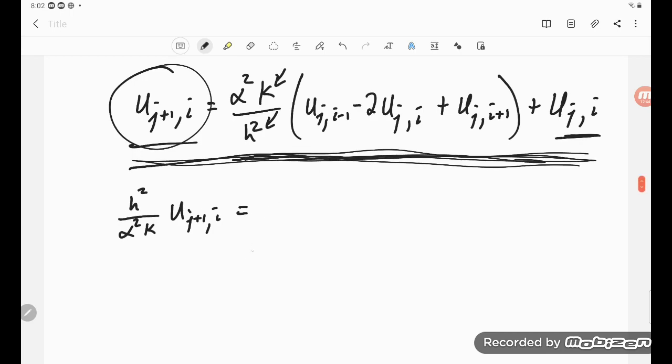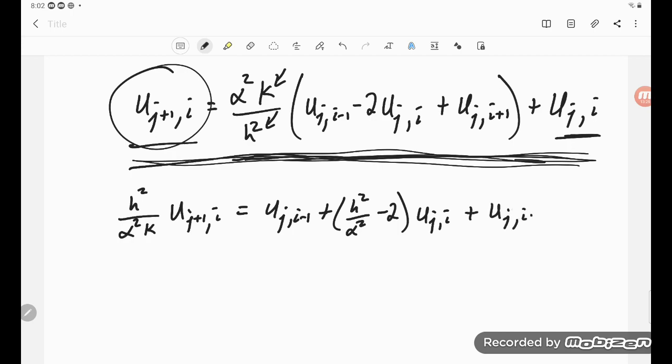I'll end up needing to multiply that by the h squared over alpha squared. So what I'll have is equals u sub j, i minus 1, plus h squared over alpha squared minus 2 u sub j i, and then plus u sub j, i plus 1.